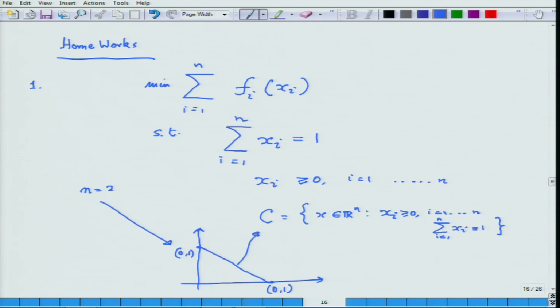Where the solution lies is a different issue; it depends on the f_i's. Suppose I do not know the f_i's, I will try to at least have a qualitative feeling about the solution by applying the Karush-Kuhn-Tucker condition. Now, here one important piece of our learning would come into play. The constraints here are linear, so the Karush-Kuhn-Tucker condition automatically holds, meaning all the John multipliers associated with this problem would always be normal.